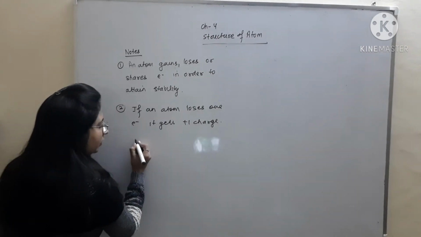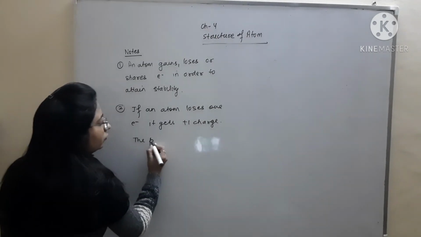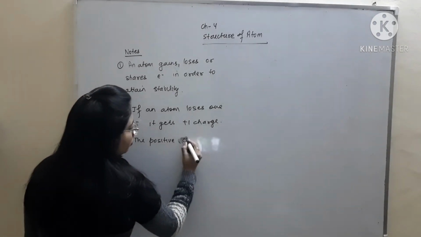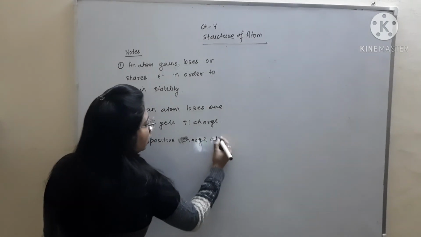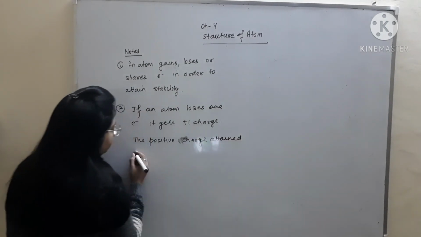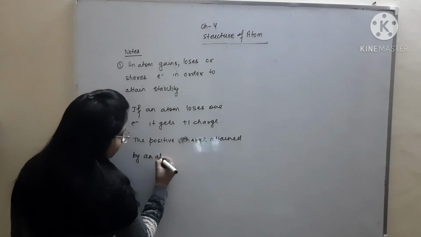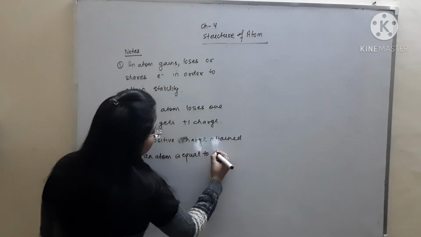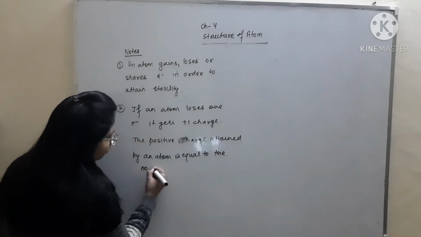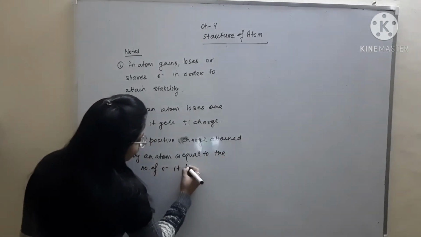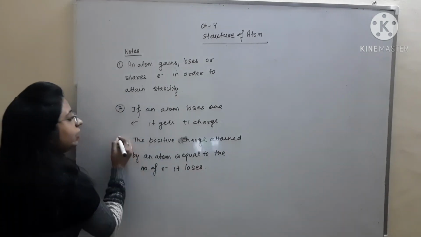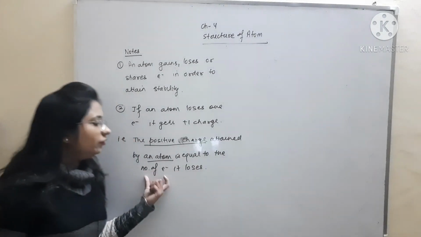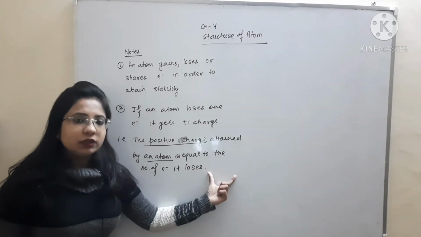So we can summarize it that the positive charge attained by an atom is equal to the number of electrons it loses in order to attain stability.